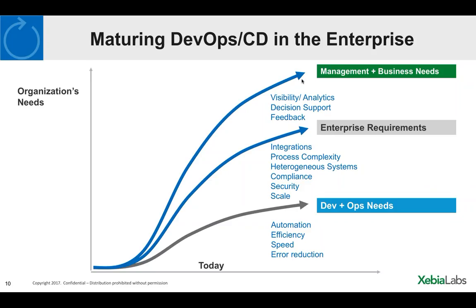The intelligence that comes from your DevOps process. That's where things like visibility and analytics start to come in. Where are the bottlenecks in my process? What do I want to do to improve so that I get better in the future?